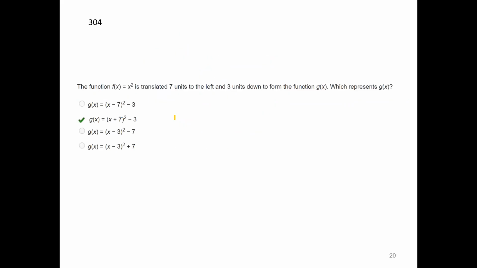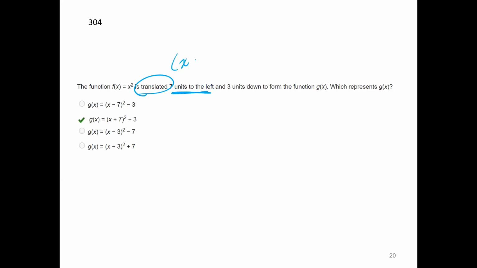All right, 304, you guys have 2 more to go. All right, so with this one, it is saying that it is going to translate 7 to the left.